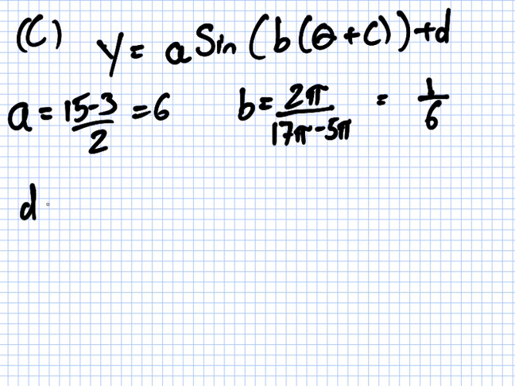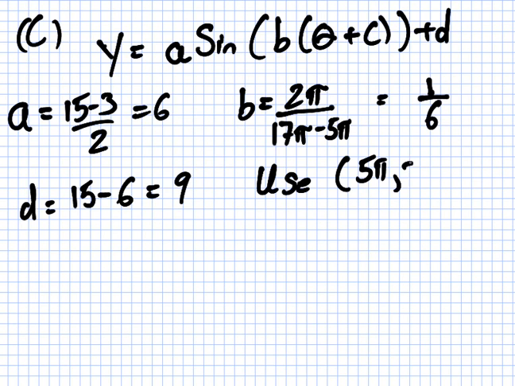The D, if you remember, is the maximum minus A, so in this case it's 15 minus 6, which is 9. And to find the C, we need to use a point. The easiest point for me to read is the point 5 pi and 3.